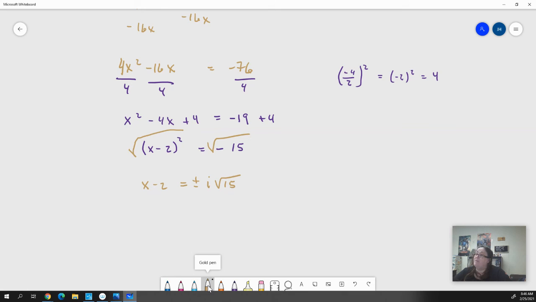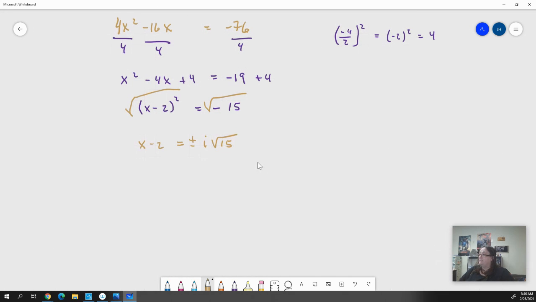I can't break down that 15 anymore. It's just 3 times 5. Those are prime numbers. So our solutions to this are going to be x minus 2 equals i times the square root of 15, and x minus 2 equals negative i times the square root of 15.